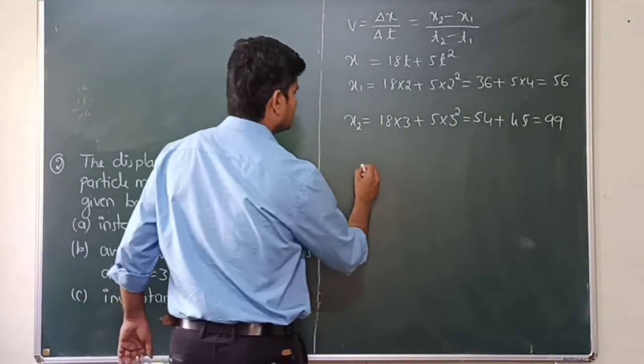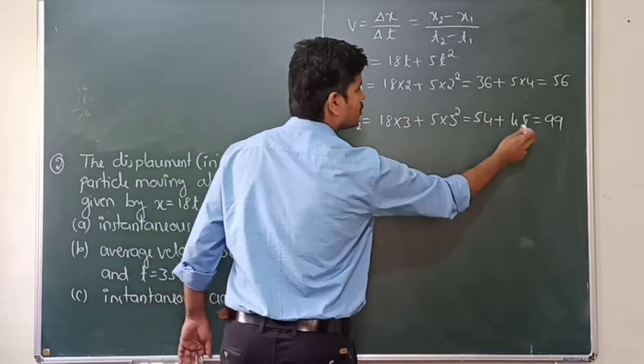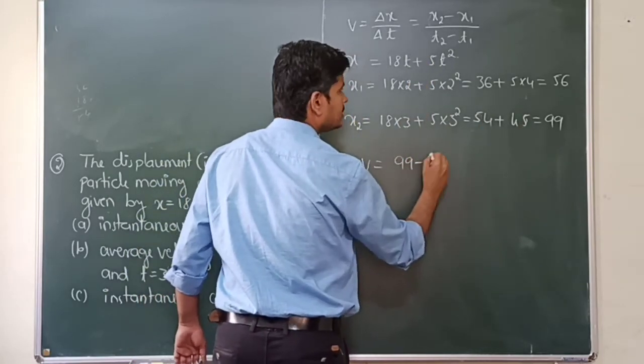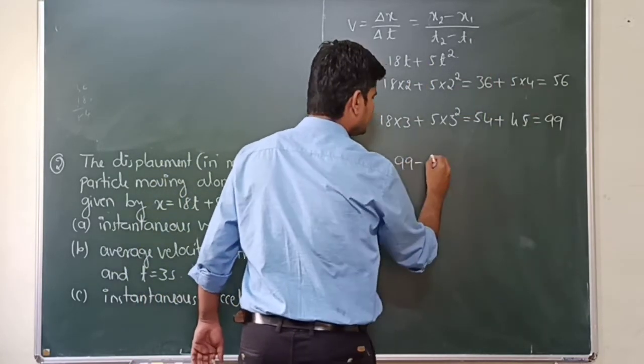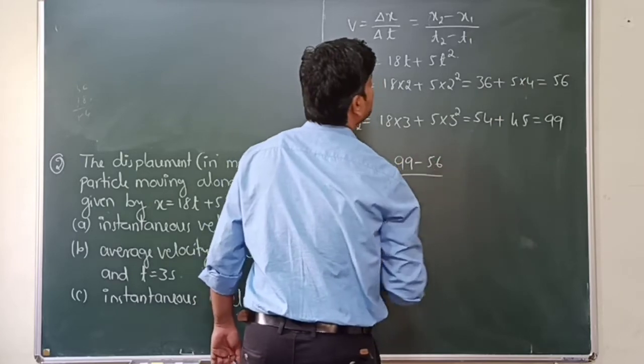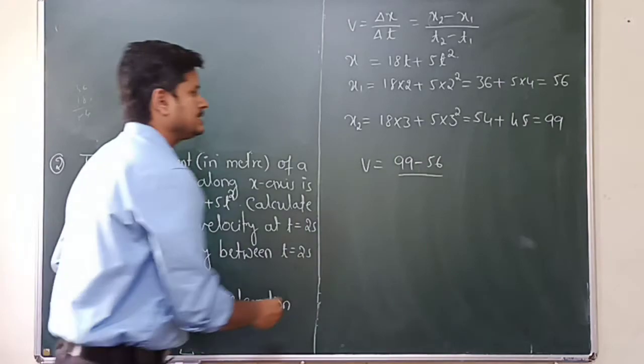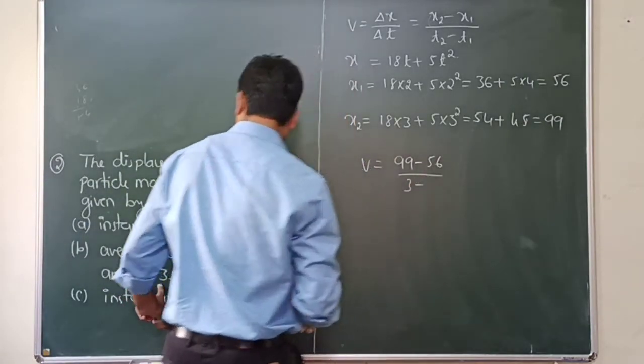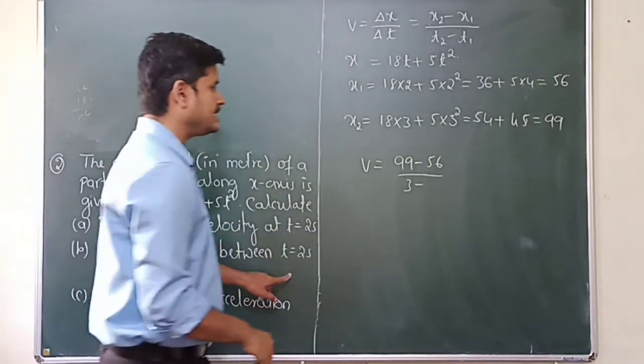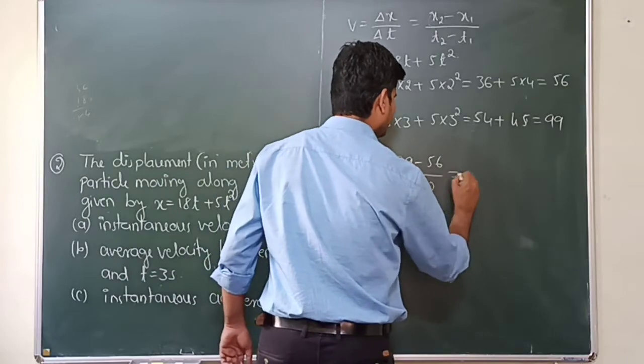Right now v is equal to x2 is how much? 99 minus x1 is 56 divided by t2. T2 here is 3 seconds minus t1 is 2 seconds.